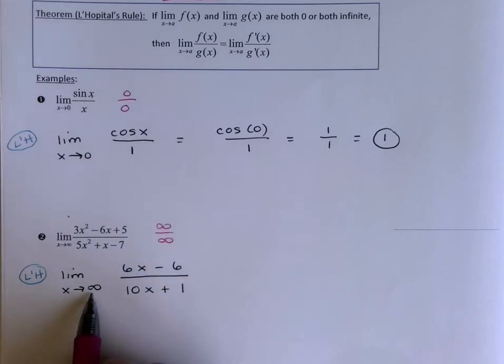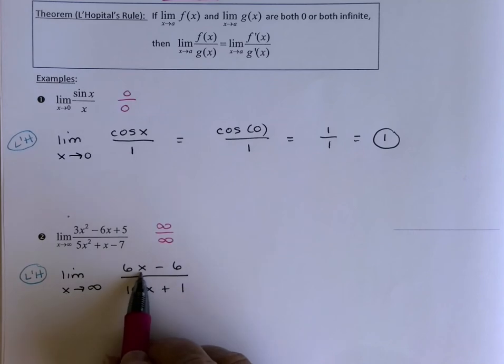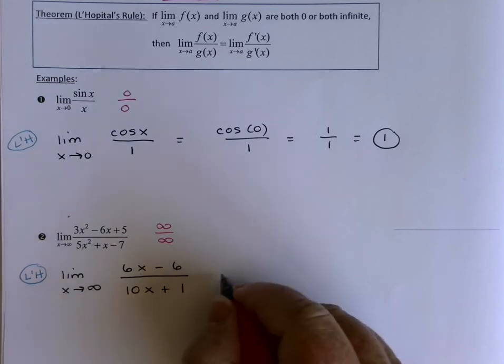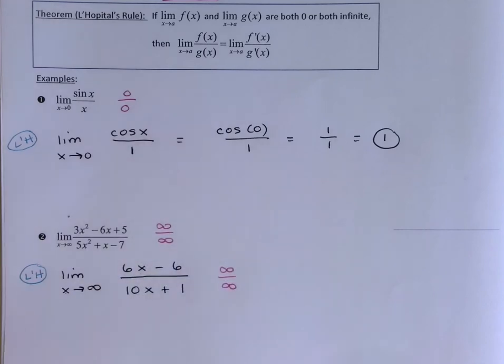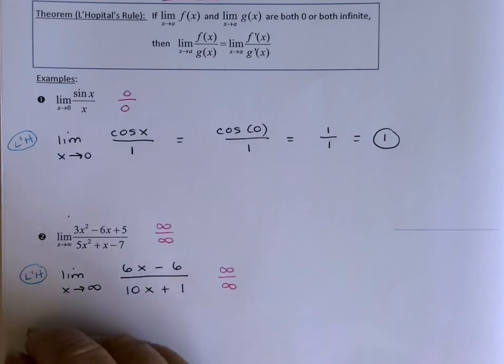Now, if I think about x going to infinity, that still becomes infinitely large, and so does that. So I still have infinity over infinity. I still have a problem that could be addressed by L'Hopital's rule, so I'm just going to do it again.